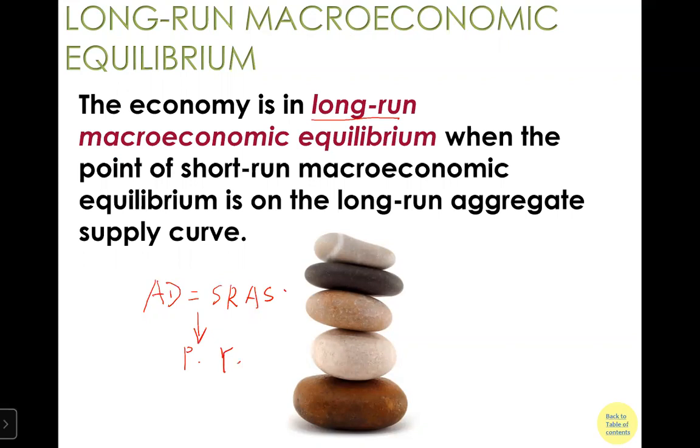So what is long-run macroeconomic equilibrium? This requires Y equal to our potential. Here this is YE, PE, coming from the short-run equilibrium. In the long-run equilibrium, you have an additional restriction: you need YE equal to YP.